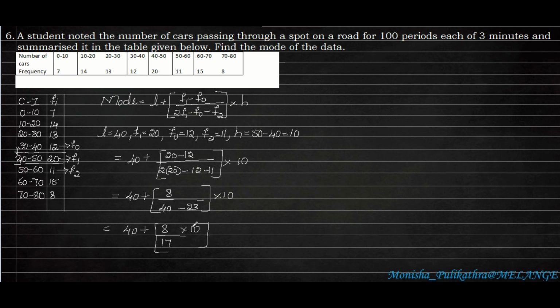Since we can't divide 17 or 10, we multiply 8 into 10. So we get 40 plus 80 divided by 17. Now either we can take the LCM or divide 80 by 17. I will be dividing 80 by 17 here.